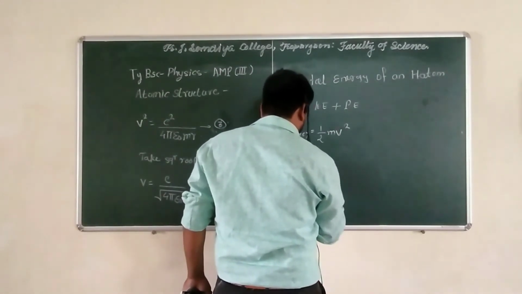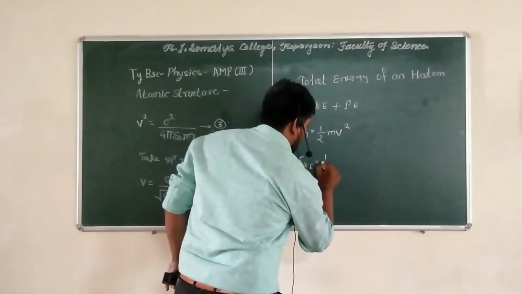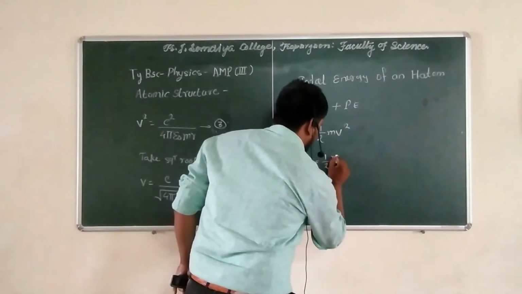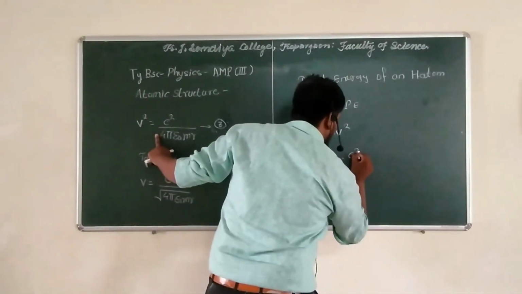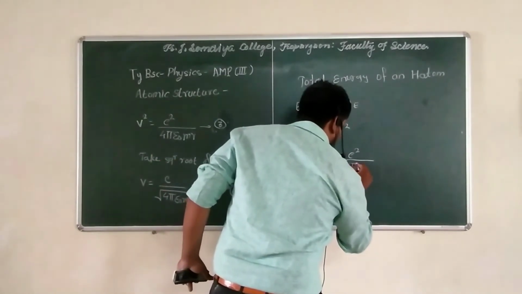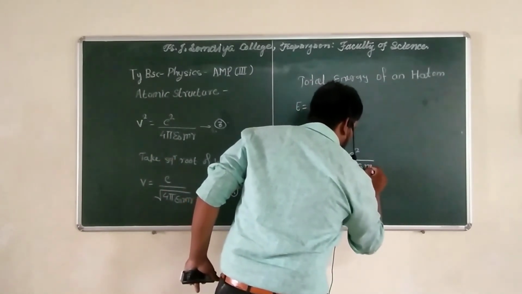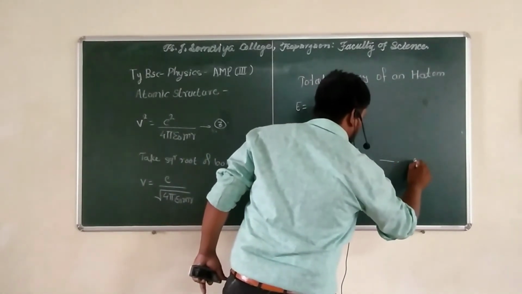So the kinetic energy is given by 1 by 2 m, and the v squared value is e squared divided by 4 pi epsilon naught m into r. This goes to equation number 5.